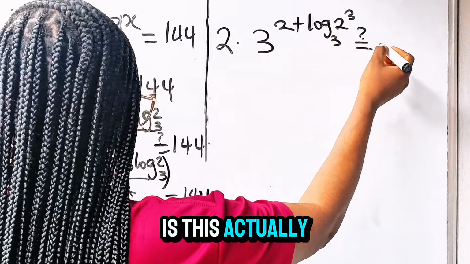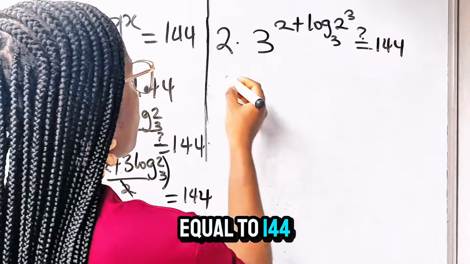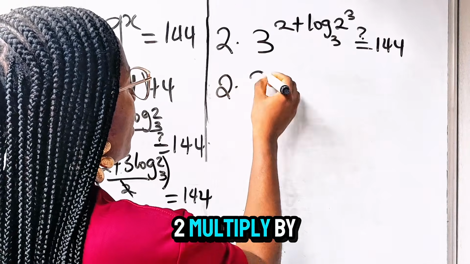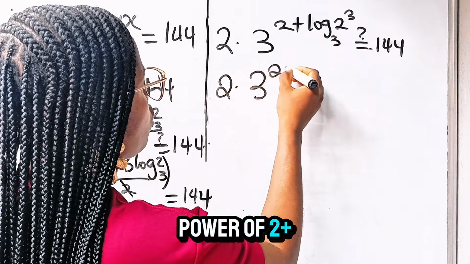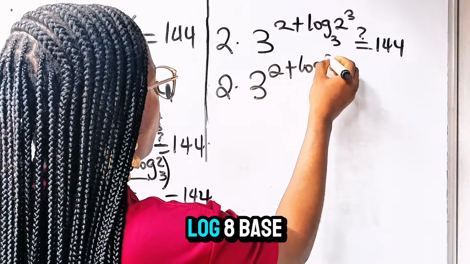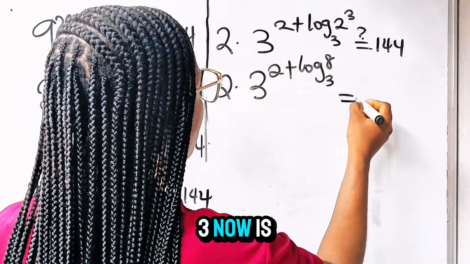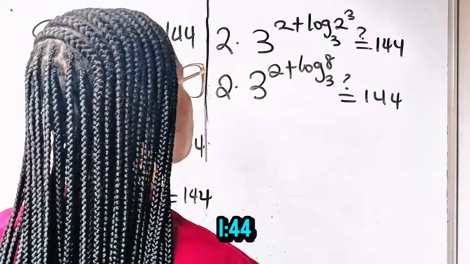Now, is this actually equal to 144? So we have 2 multiplied by 3 to the power of (2 plus log 8 base 3). Now, is this equal to 144?